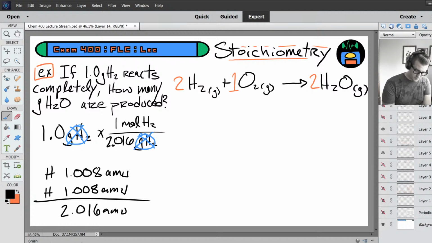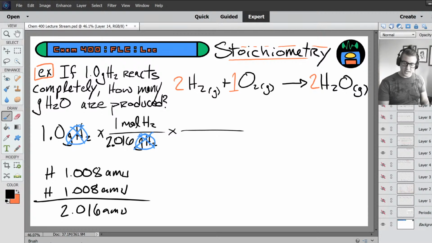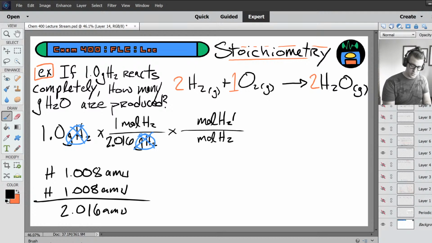Okay, so we've converted now from grams to moles. Before we crunch our numbers, we're not done because we don't want to find moles of hydrogen. We want to find grams of water. So we're going to take this to the next unit conversion and convert from moles of H2 to moles of H2O.